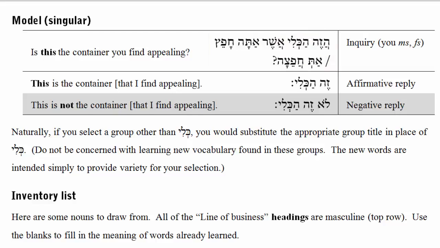Now that model example, as you may have deduced, would apply in case you were a merchant involving the commodities of kelim.